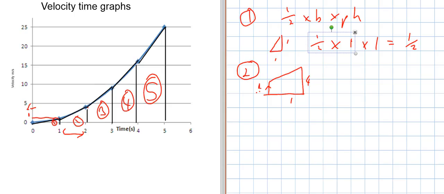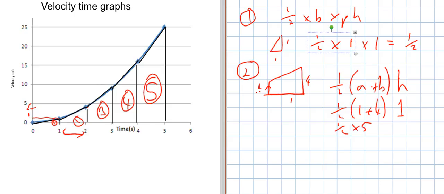So we need to know our area of a trapezium formula, which is half times (a plus b), where a and b are the parallel sides, times the height between them. Our parallel sides are 1 and 4, and our height between them is 1. So I'm going to do half times (1 plus 4), which is 5, times 1. Half of 5 is 2.5, times 1 is 2.5.